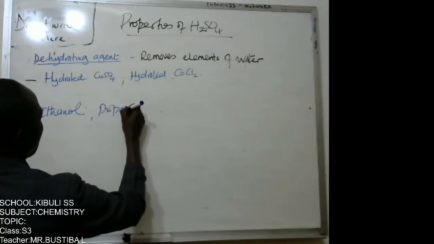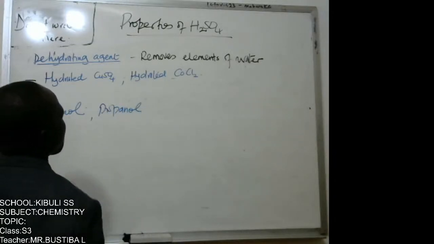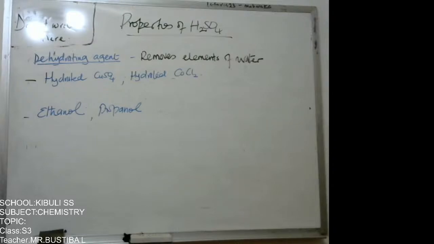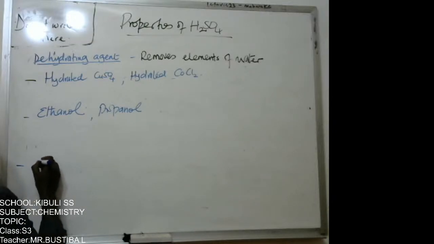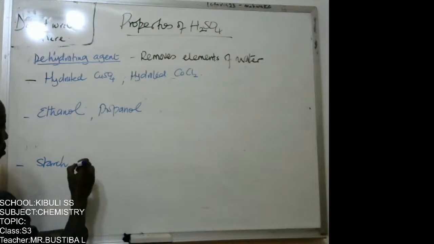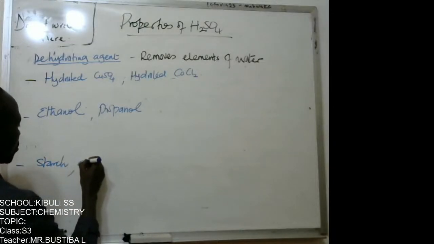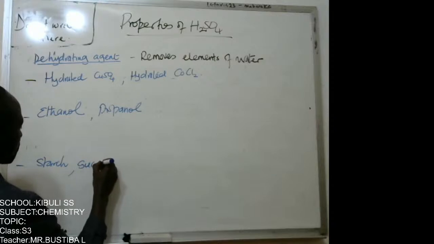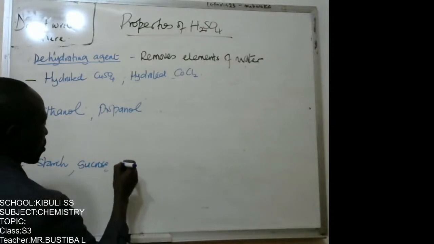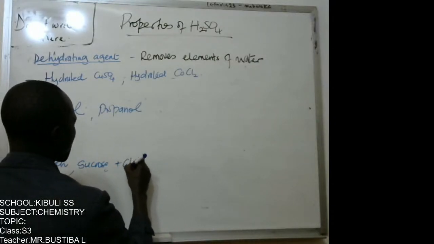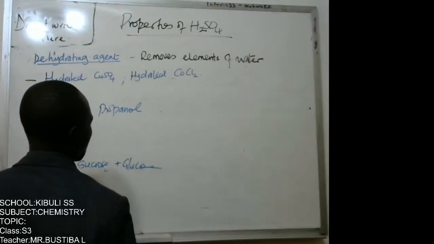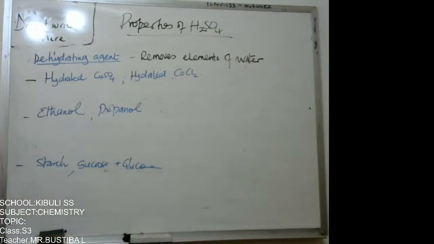Propanol could be one of them. We don't go beyond that. Number three, my students might discuss the reaction of sulfuric acid with starch and elements of starch, which may mean sucrose, maltose, glucose, dehydrating properties.